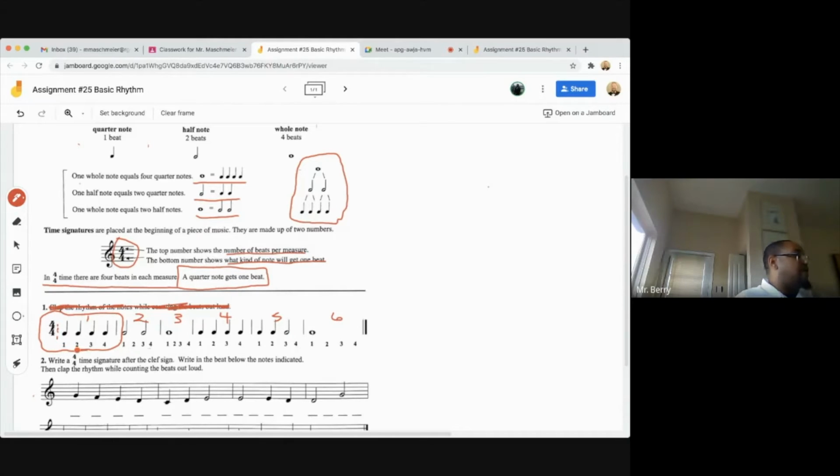It equals 1 beat, and it's on beat 1. The note on beat 2 is also a quarter note. It equals 1 beat, so it gets beat 2. We have a quarter note on beat 3, so it gets the third beat. And we have a quarter note on beat 4, so it gets beat 4 in the measure.